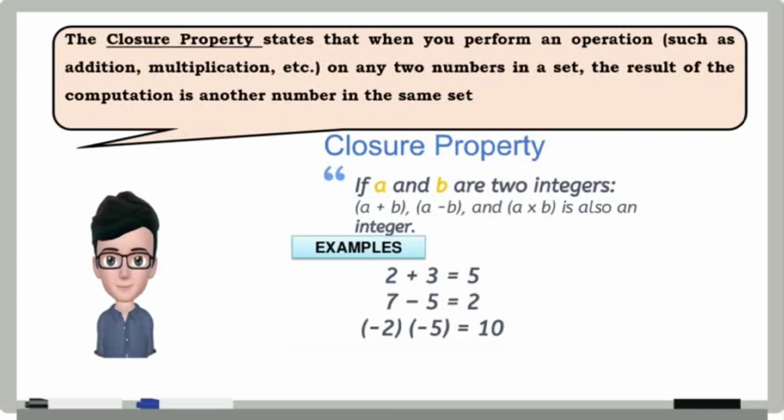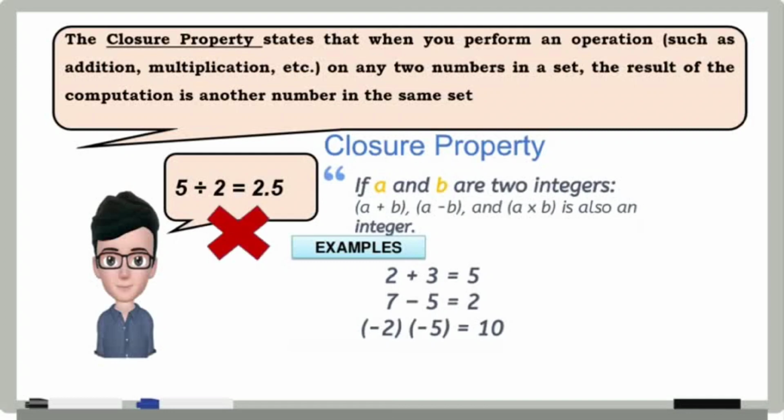Negative 2 times negative 5, they are both integers, so the product is 10, which is also an integer. But closure property for integers does not apply in division. Why? 5 and 2 are both integers. But when you perform the operation division, the answer for 5 divided by 2 is 2.5.